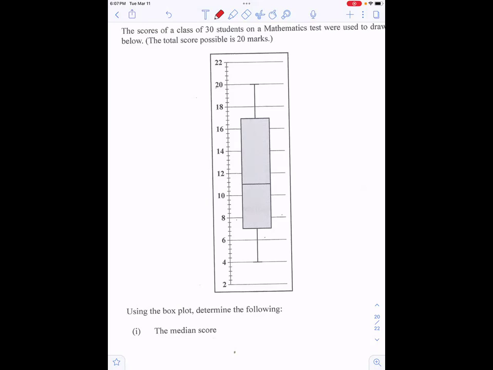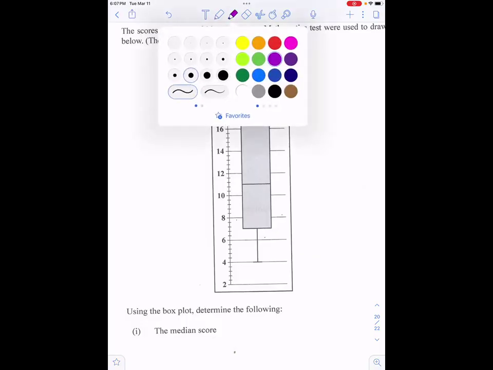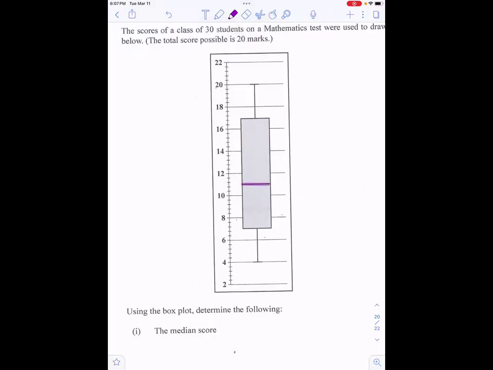That's 11. So this middle value here is the median. And this will be 11. So the median score is 11.